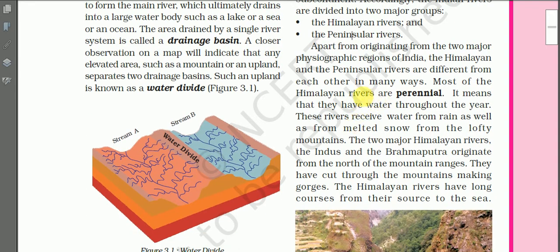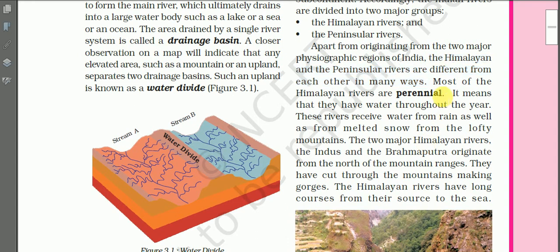See, it is mentioned here. The Himalayan and the Peninsula rivers are different from each other in many ways. So what are the different points of differences between the Himalayan and the Peninsula rivers?